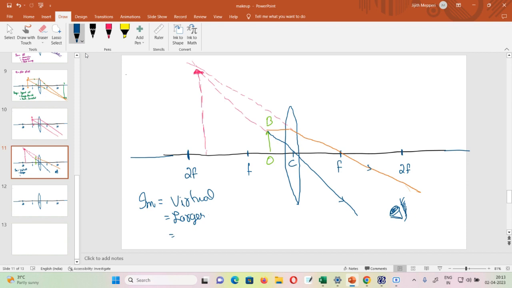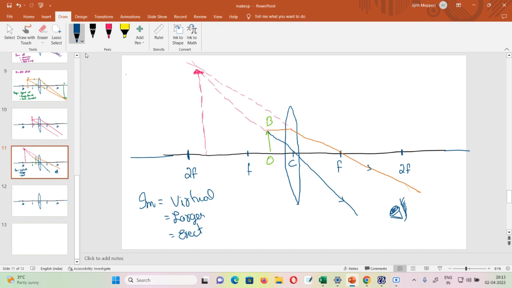It is also erect. It is not an inverted image, it looks like the same kind of image. Okay, these are the basic imaging conditions of a convex lens.